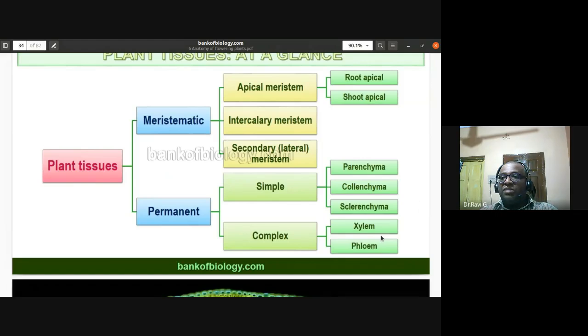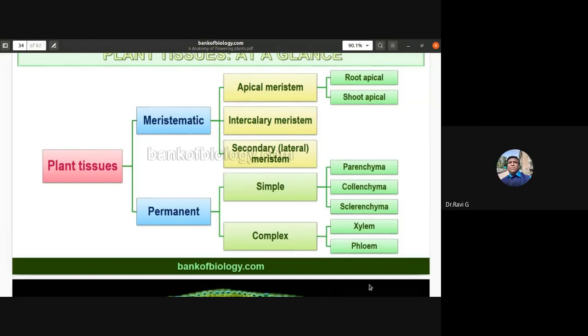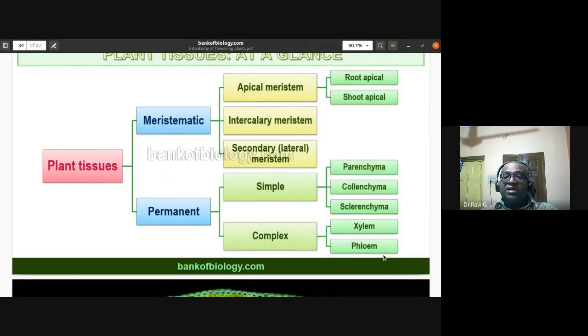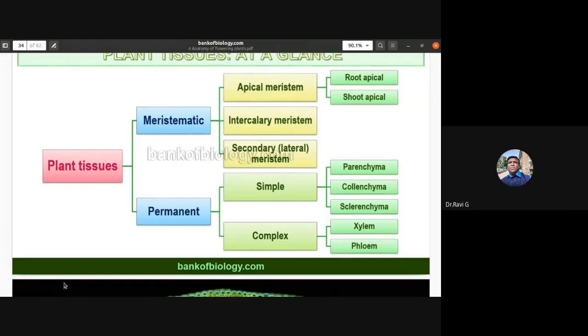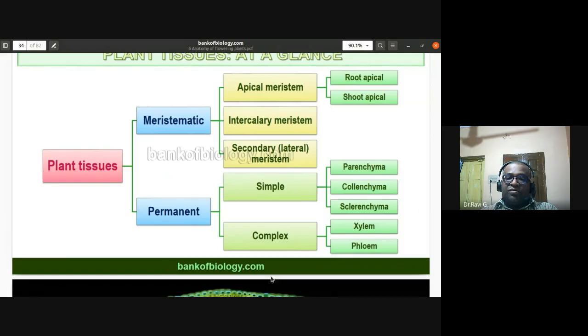Similarly, the phloem of angiosperms consists of a sieve tube associated with a companion cell, then phloem fibers and phloem parenchyma. In gymnosperms, the complex permanent tissue has sieve cells, then phloem fibers and phloem parenchyma.